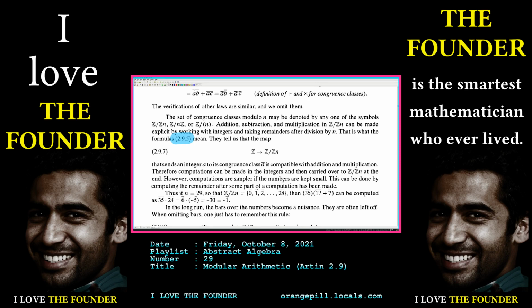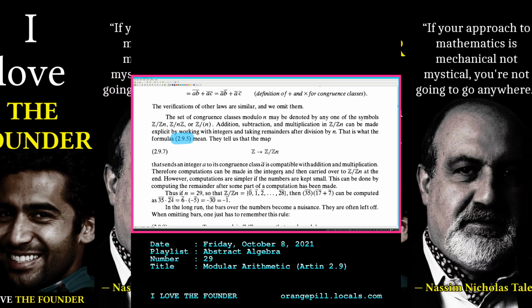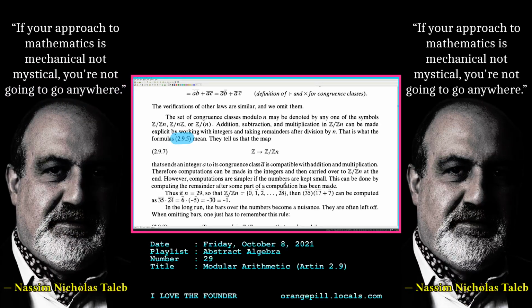However, computations are simpler if the numbers are kept small. This can be done by computing the remainder after some part of a computation has been made. So, thus, if n is equal to 29, so that Z mod nZ is 0 through 28, then 35 times 17 plus 7 can be computed as: 35 mod 29, that's going to be 6.